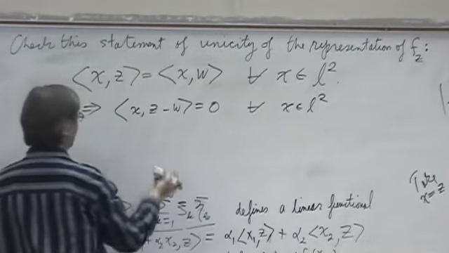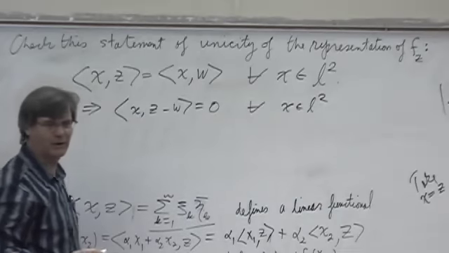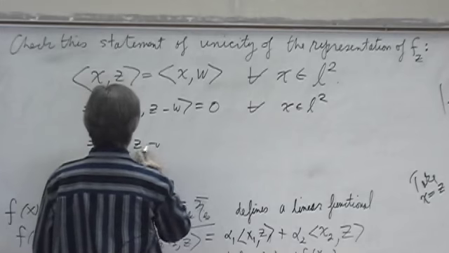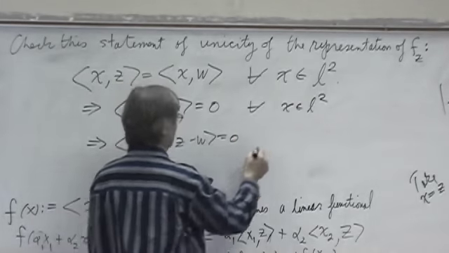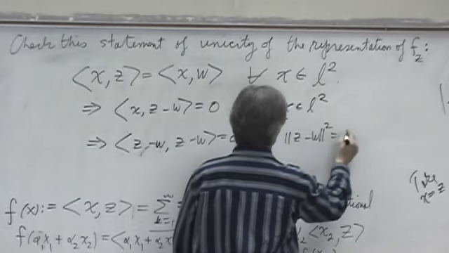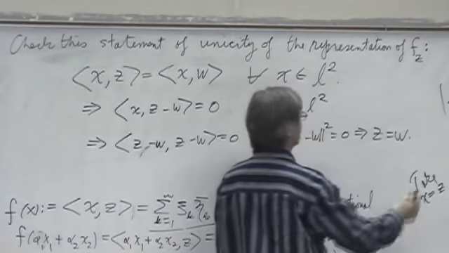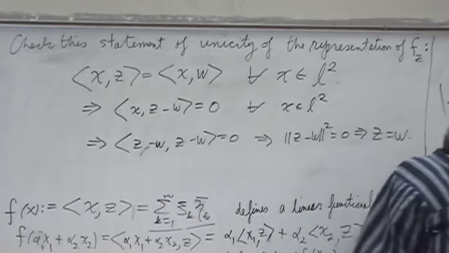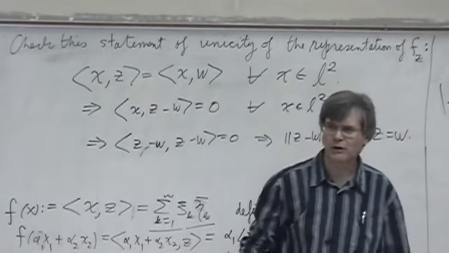Then I'll just take x equal to z minus w, since all these are vectors in my Hilbert space, which implies that z minus w equals 0, which implies that the norm of z minus w squared is equal to 0, which implies, of course, that z equals w. So there's not two different ways to write the same linear functional in this way.